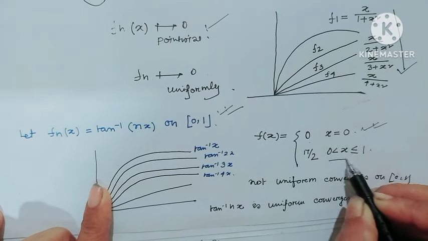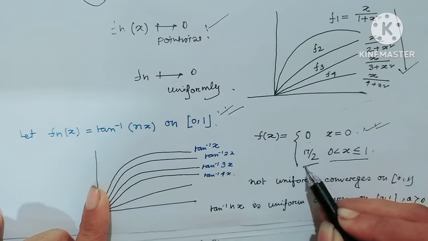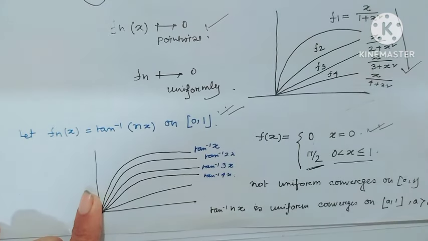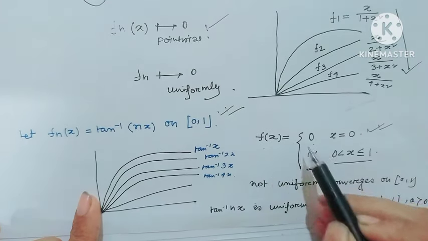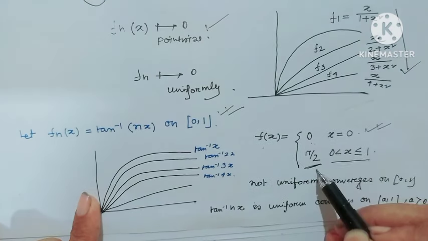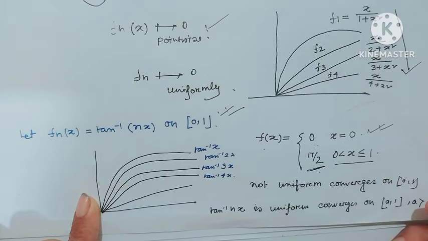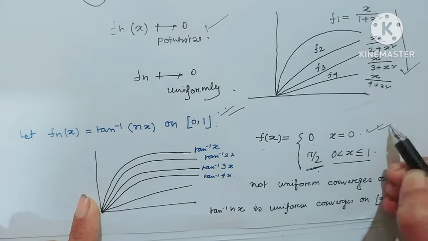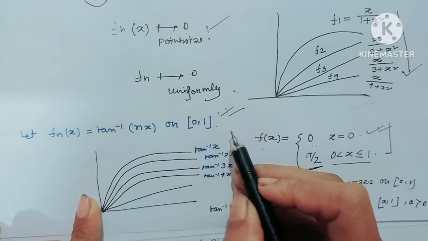That means when 0 is less than x less than or equal to 1, this value is pi over 2. So f pointwise converges to 0 and pi over 2, so f is not a continuous function. Since f is not continuous, we cannot apply Dini's theorem.